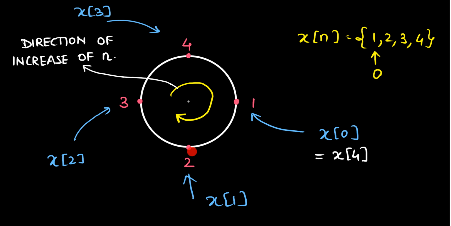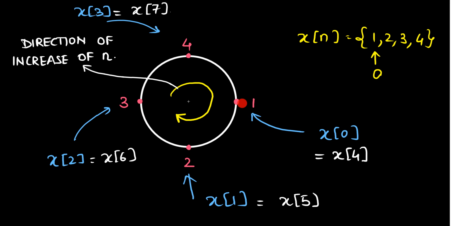Again, x of 5 is equal to 2. Similarly, x of 2 is equal to x of 6, which is equal to 3, and x of 3 is equal to x of 7, which is equal to 4. So when we shift again by 4, we get back the original signal.